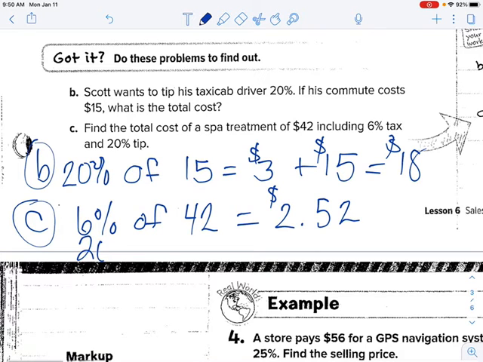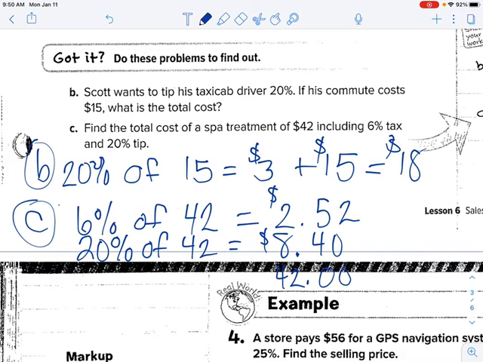And then if you want to give a 20% tip of the $42 spa treatment, that would be an additional $8.40 for the tip. And then you're going to add that to the $42 as well. So you're adding all three of those up. And your total would be $52.92.